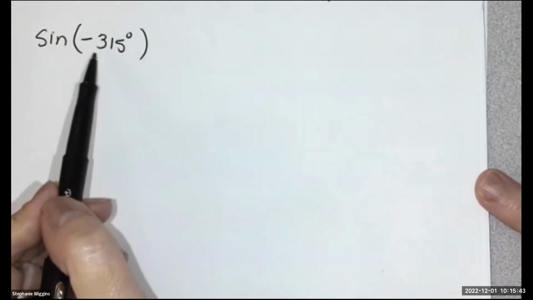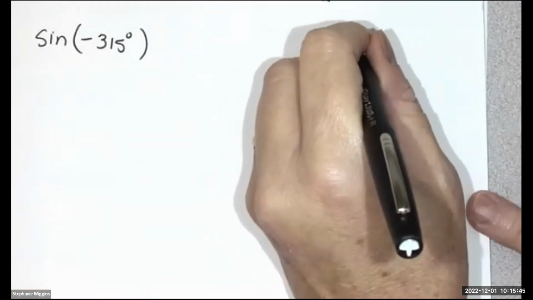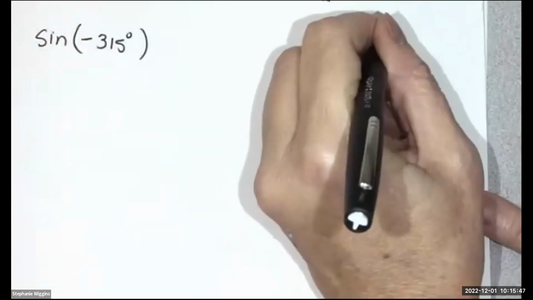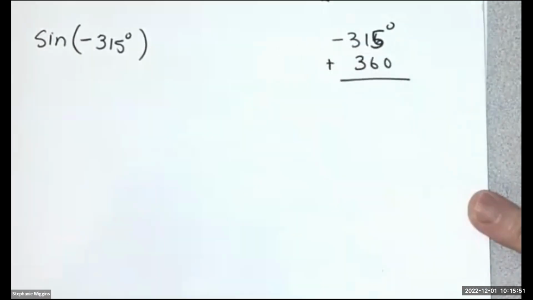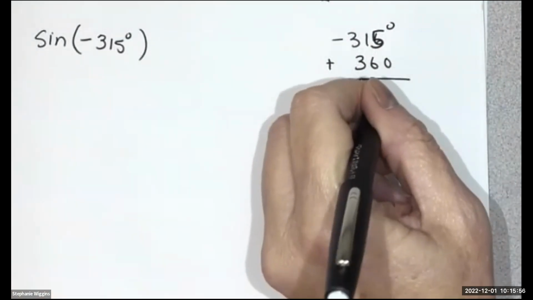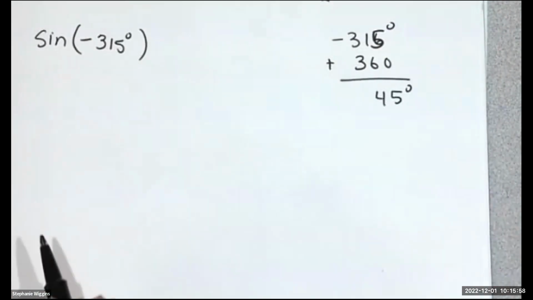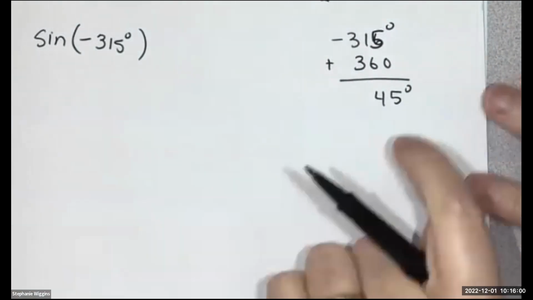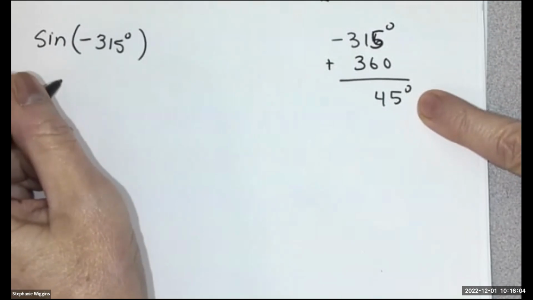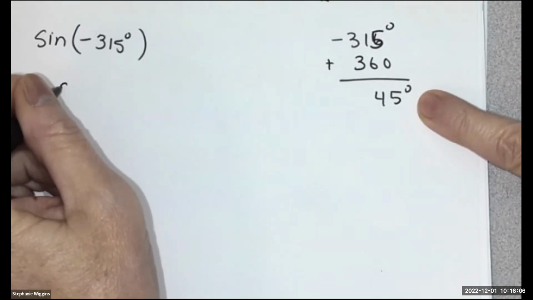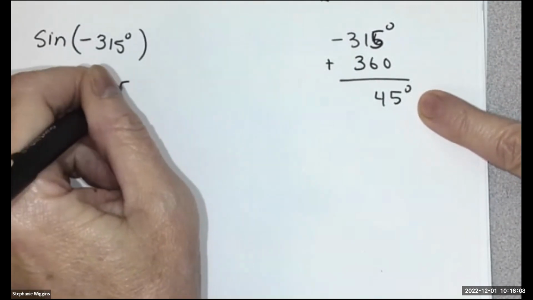Again, you want a coterminal angle. So this is negative 315 degrees. You're going to add 360 to that. So it's going to be 45 degrees. When you add 360, this is the reference angle. It's positive, it's acute. And so you're going to take sine of 45 degrees.